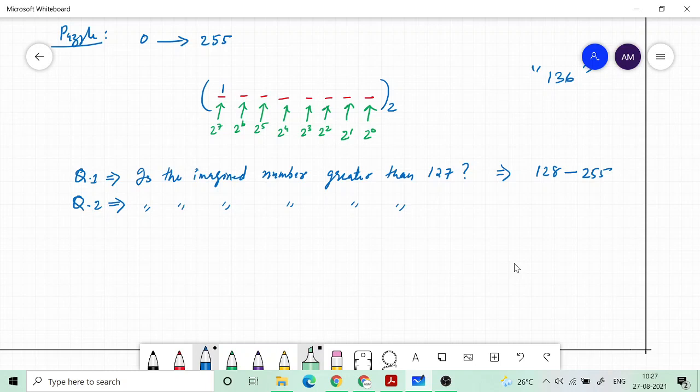Sir, is the number greater than 64? We know that is a foolish question, isn't it? Why? Because we know that the number is between 128 and 255.